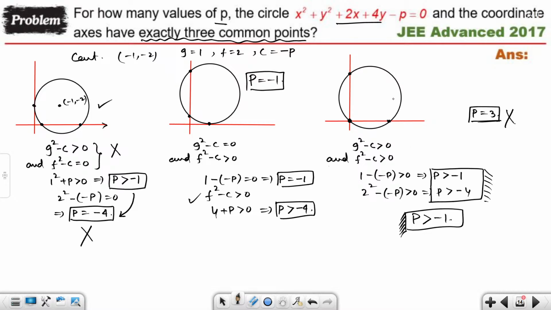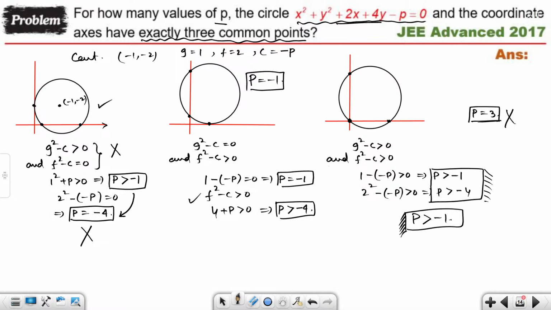So does it mean that we are going to have an infinite number of circles? No. You should be very careful about one thing. As the circle is passing through the origin, the origin must satisfy this equation. Not all values of P are going to satisfy this.